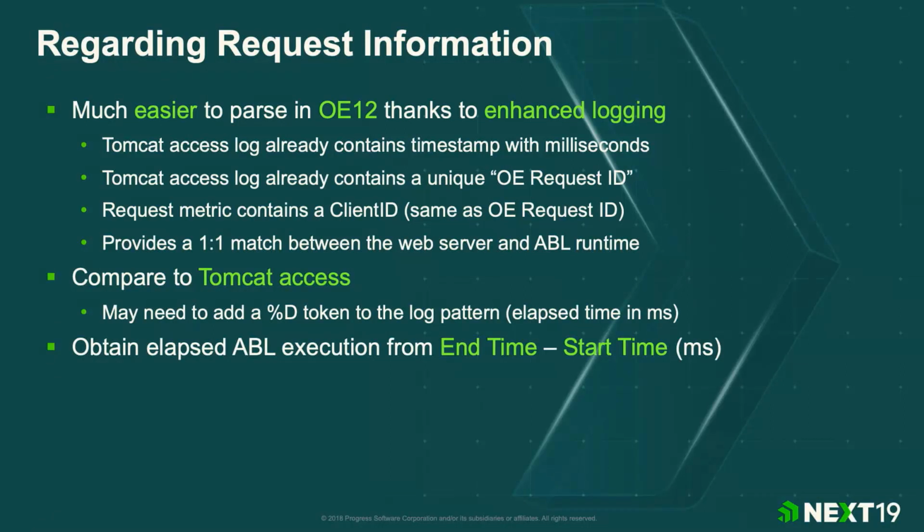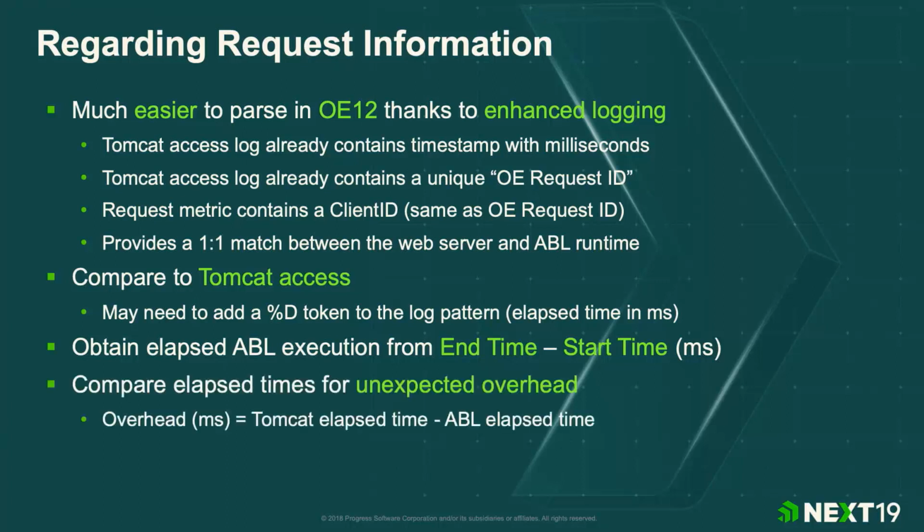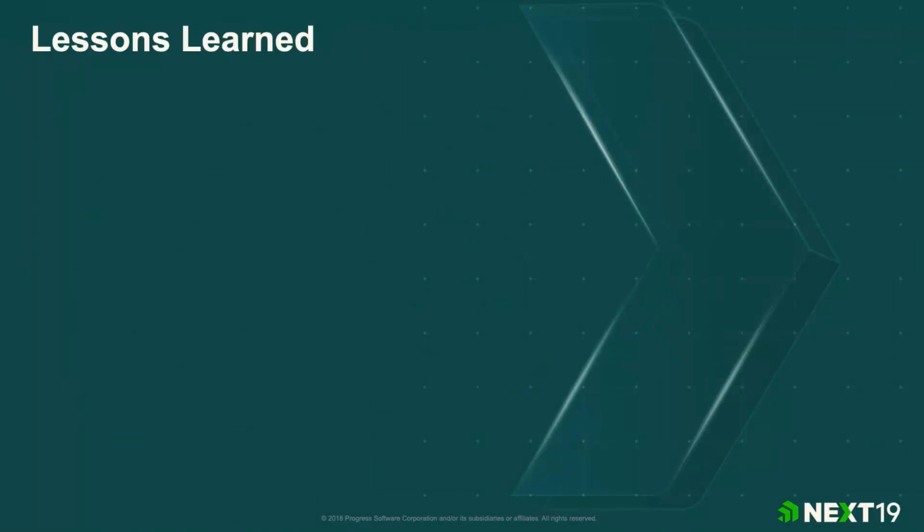ABL execution time is just the reported end time minus the start time, which gives you that in milliseconds. If you compare the two, take your Tomcat time, which should always be longer, minus the ABL time, and that gives you an overhead time. So if you see an increase in overhead, something along that communication path between Tomcat and PAS is causing an issue.